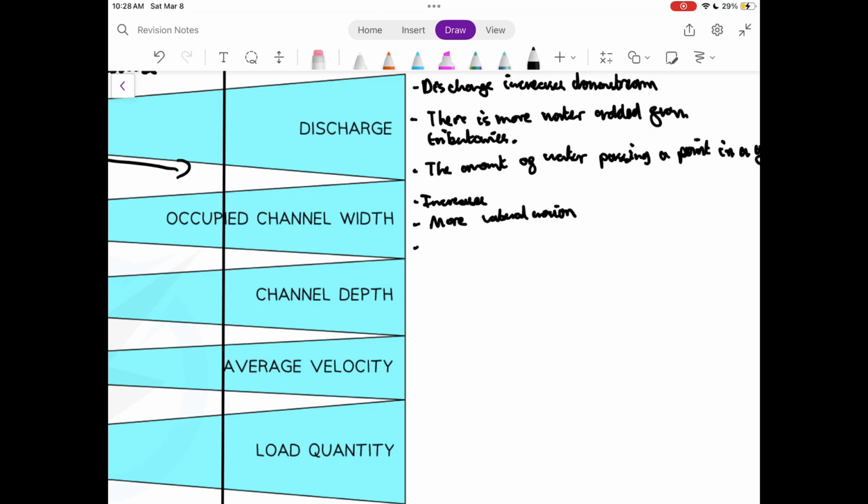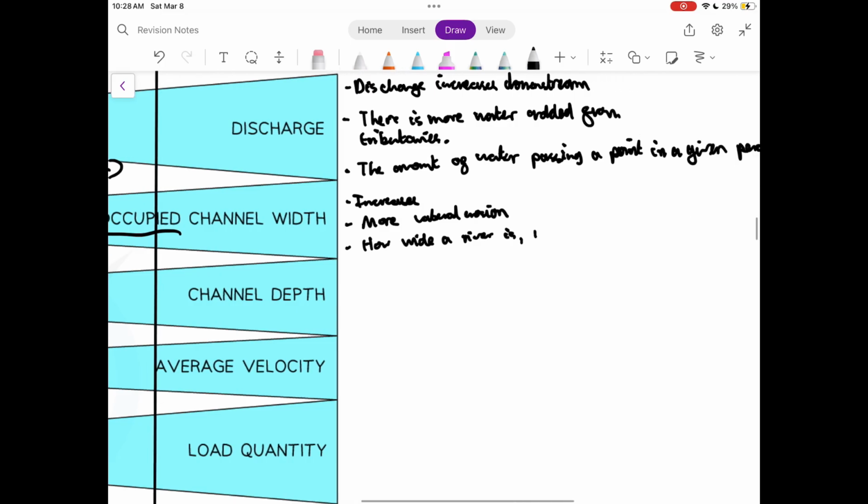And if you don't know what channel width is, it's how wide a river is. And the important part here is occupied. So occupied means made up by water.